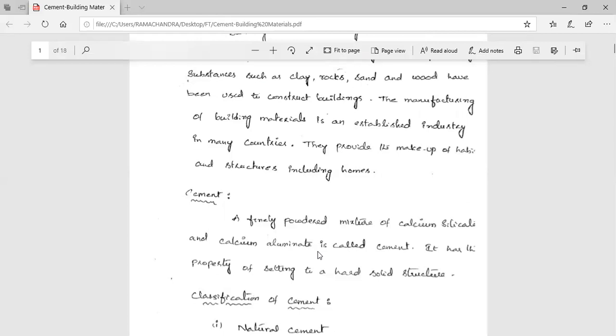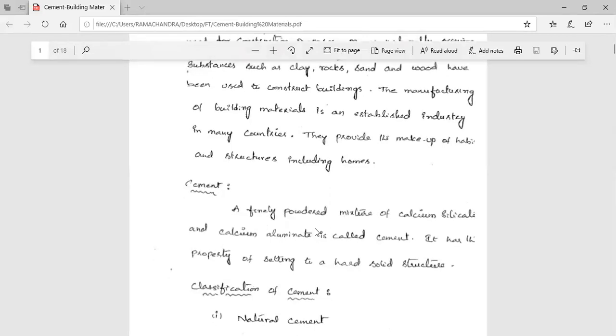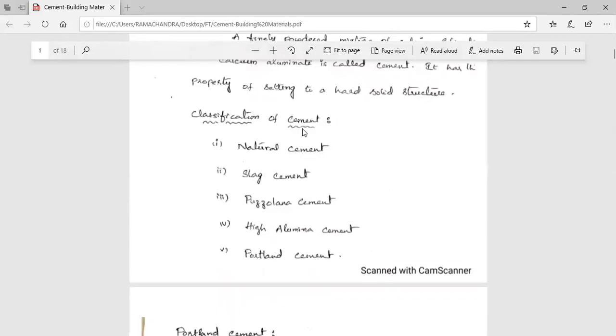So next, classification of cement. Cement is classified based upon the composition of components present in the cement. Cements can be classified into 5 types.